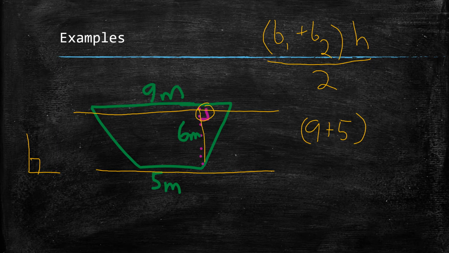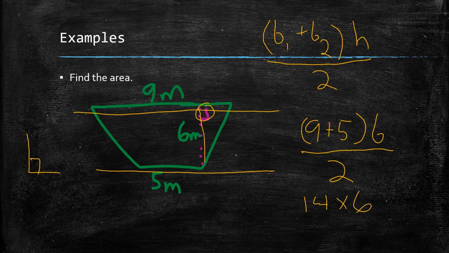So in this problem, it's going to be multiplied by 6, and we're going to divide by 2. So now you're back to working just a normal order of operations problem. You have 9 plus 5 is 14, 14 times 6 divided by 2. And if you remember from the other day, you can choose how you want to do this.